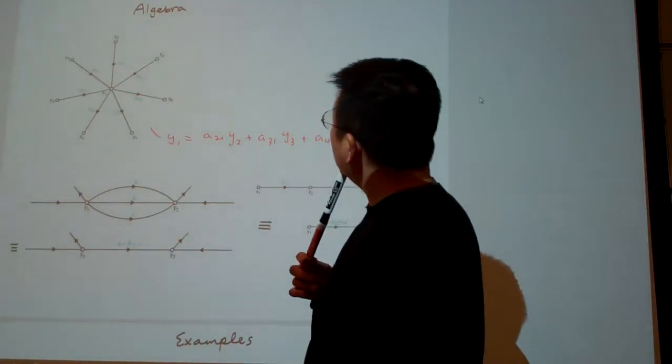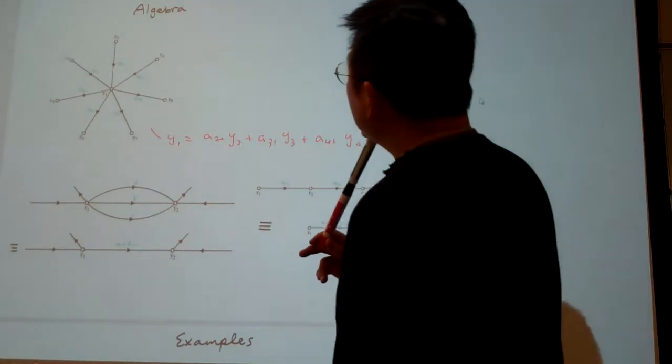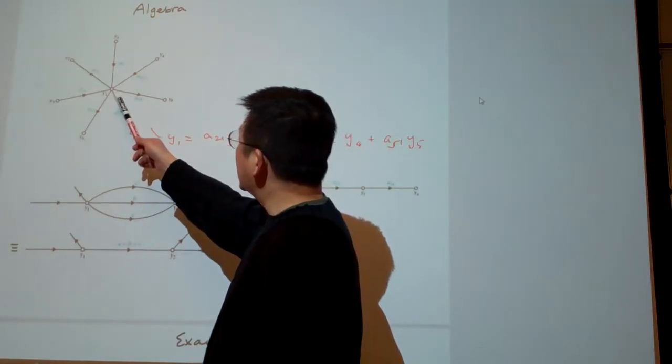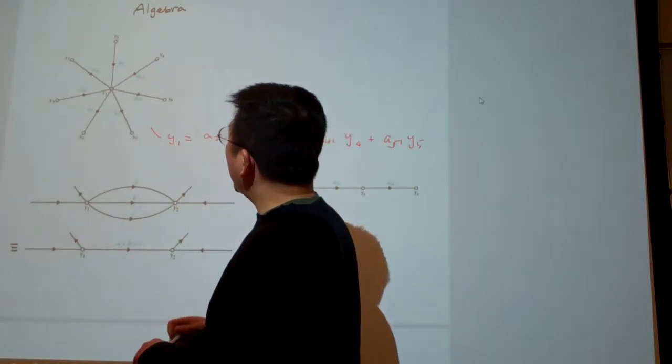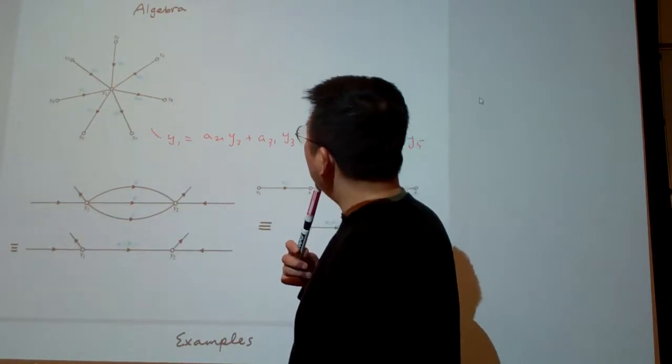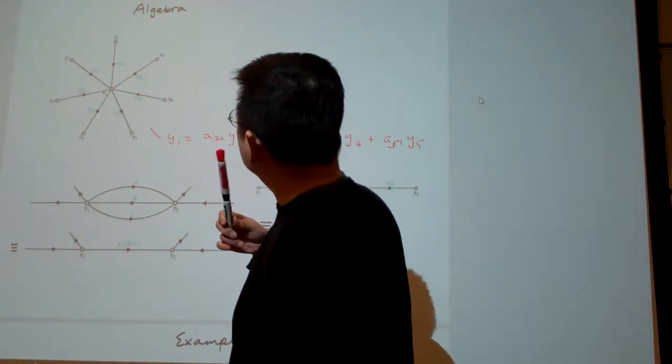For example, for Y1 in these configurations, Y1 has taken up how many incoming nodes?